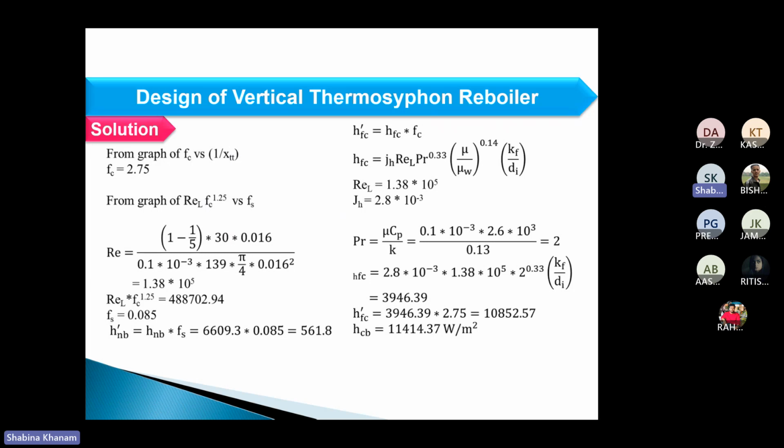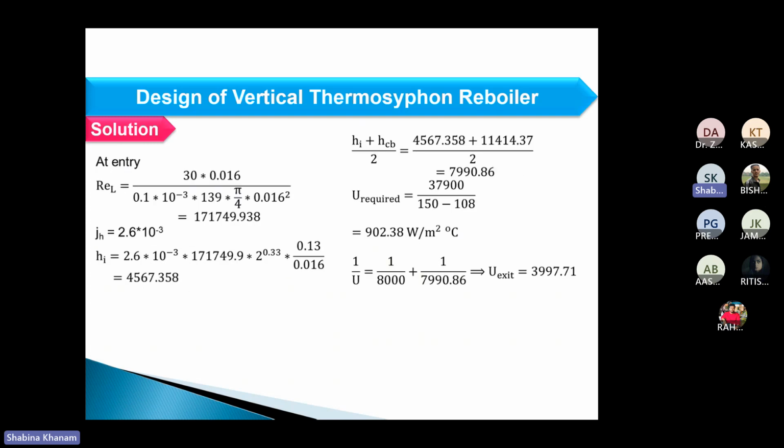Addition of these two, right? However, we need to find out the convective heat transfer coefficient at entry condition. And in that case, instead of this factor in Reynolds number, you will consider 1 over here, because at entry it is pure liquid, okay, not the fraction, or not the mixture. Okay, so at entry Reynolds number you can find as 171,749, or this value you can also see from the pressure drop calculation.